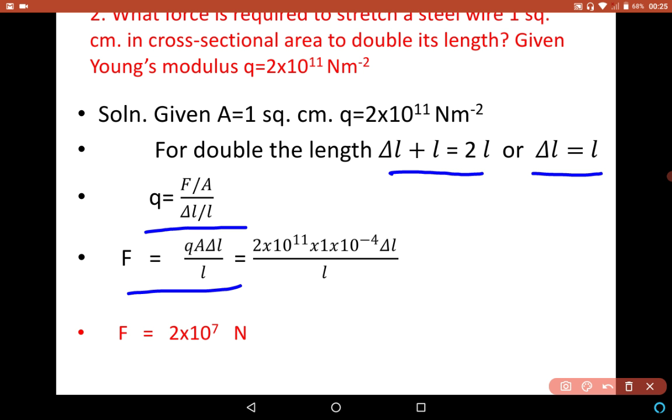The area is already given, 1 square centimeter. Convert the square centimeter into meter square. Therefore, we have 1 into 10 power minus 4, and delta L and L are equal, so they cancel each other. Then finally the value is F is equal to 2 into 10 power 7 Newton.